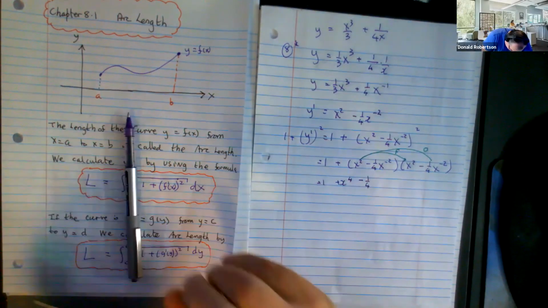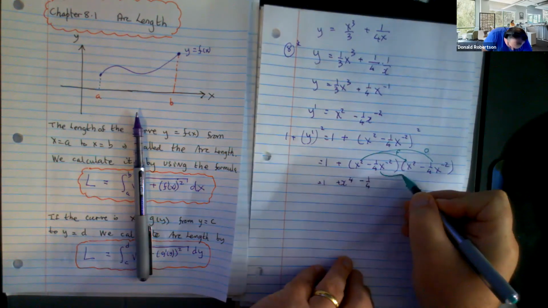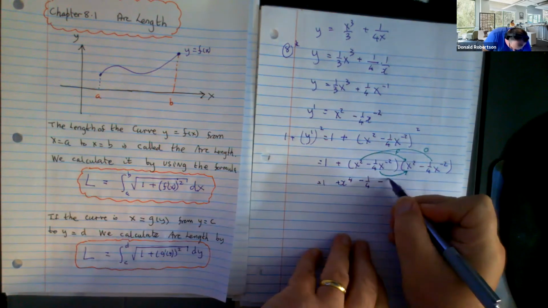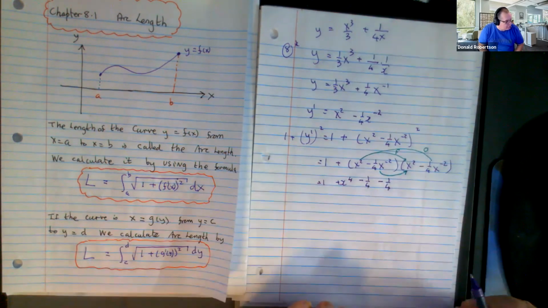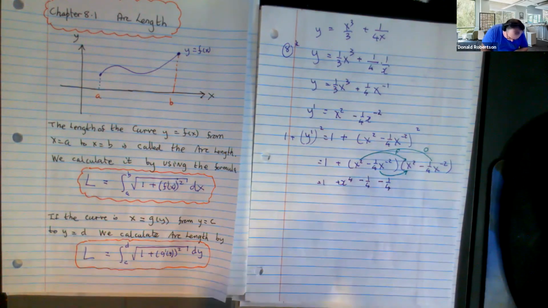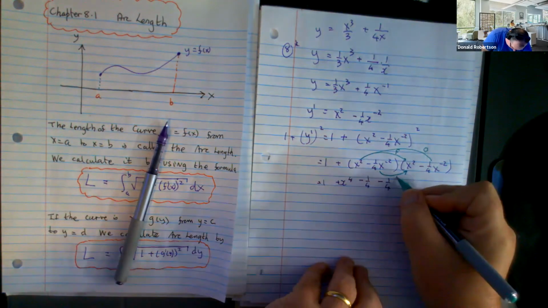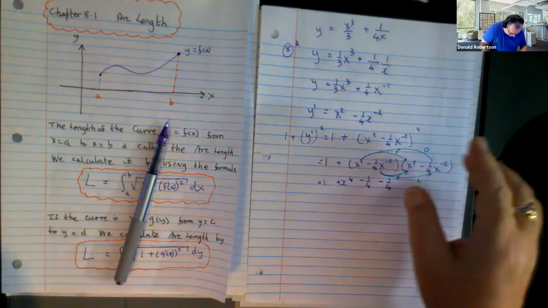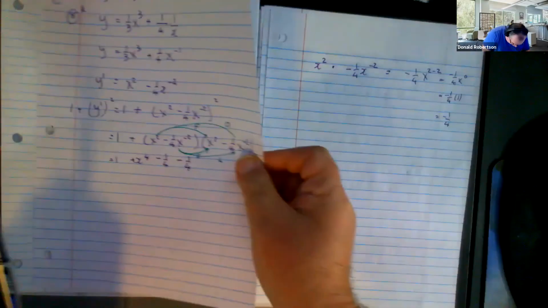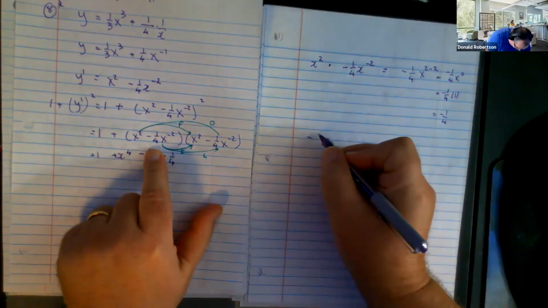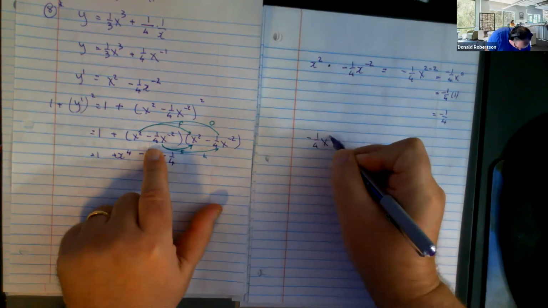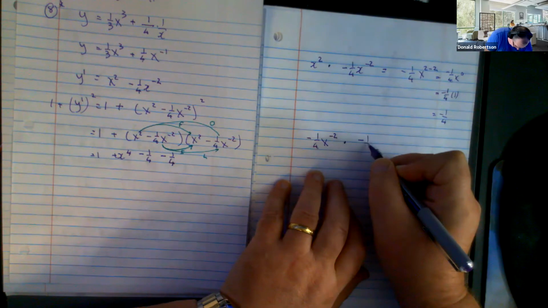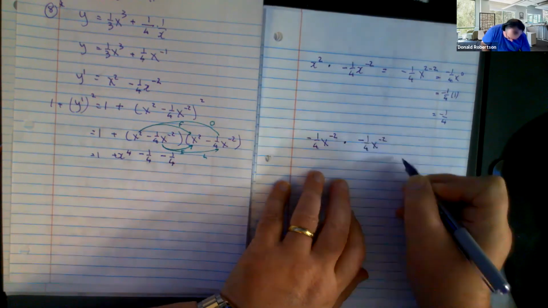Now, if you do -1/4 x to the -2 times x squared, can you trust me? You just end up with a very similar answer, -1/4. So that's the I. Right, last guy, and I'll do that at the side as well. We want to do -1/4 x to the -2 times -1/4 x to the -2.